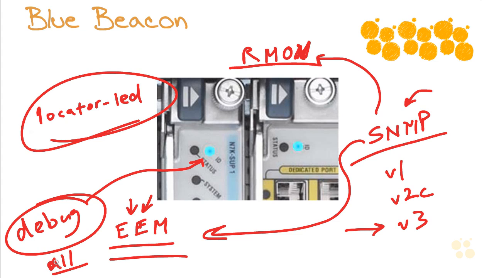Debugs are great, of course, because at the CLI we can see as close to real-time information really as possible. And the debugs you have, of course, are going to vary on your Nexus OS device based on what feature sets are enabled. Remember, we have the feature command in the NX-OS where you literally turn on particular features, and that's going to directly impact the scope of your debugging.